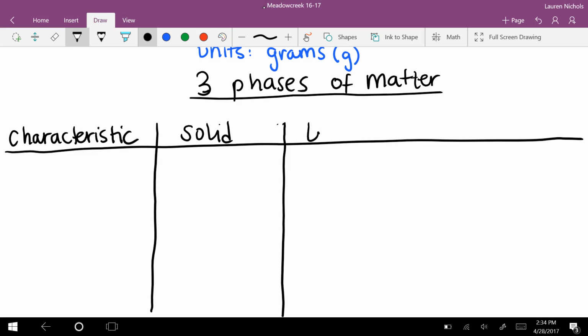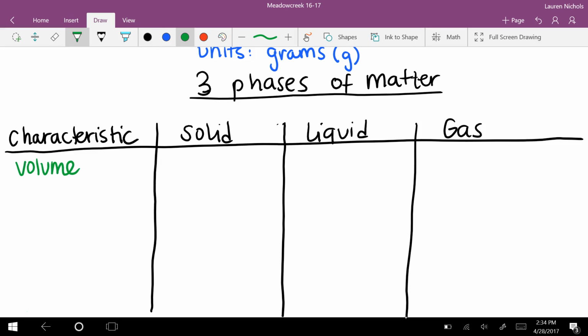Solid, liquid, and gas. Now if I'm looking at these, the first characteristic we want to look at is the volume and mass.